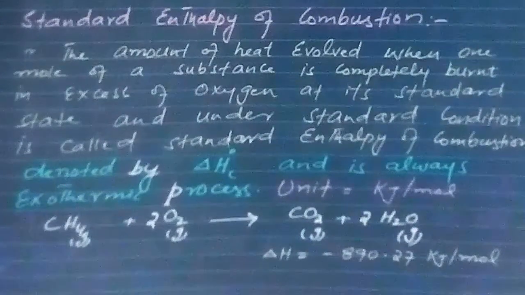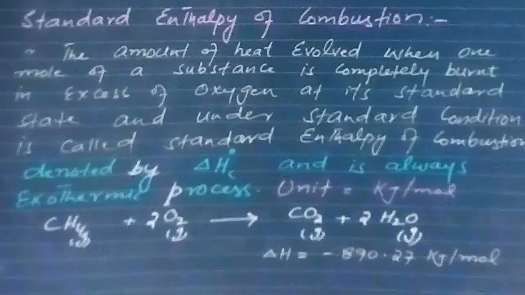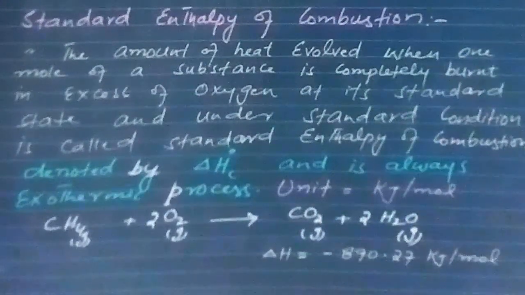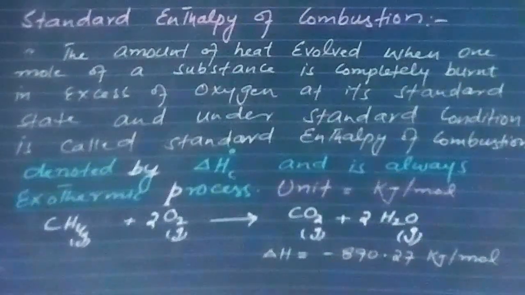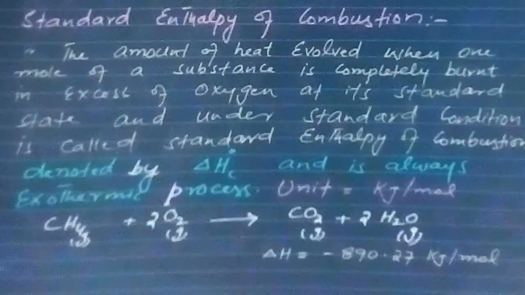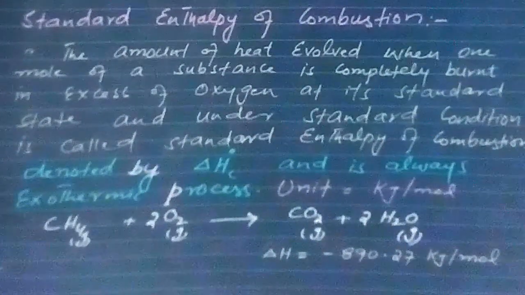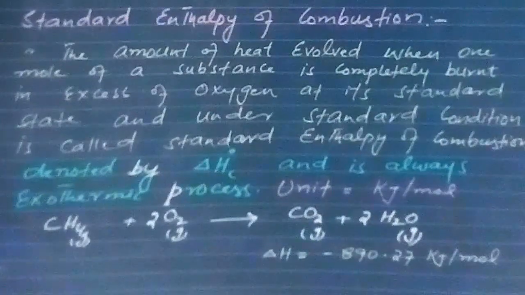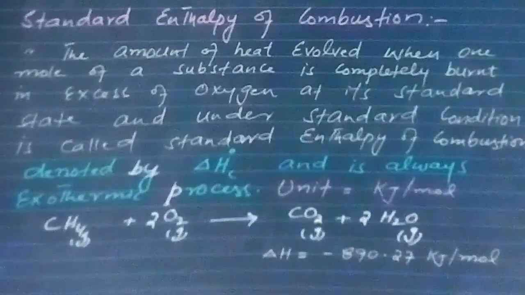It is the amount of heat evolved when 1 mole of a substance is completely burnt in excess of oxygen in its standard state. So, under standard conditions, the amount of heat evolved when 1 mole of a substance is completely burnt in the presence of excess oxygen is called standard enthalpy of combustion.